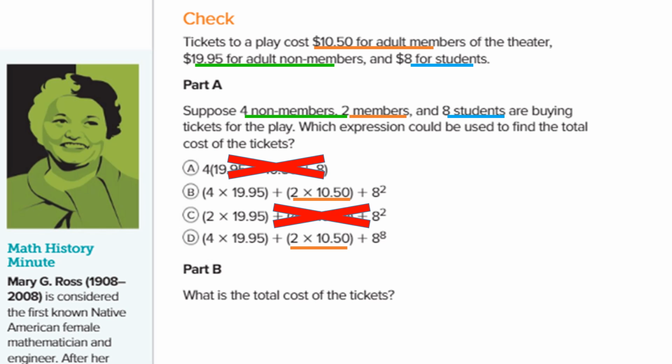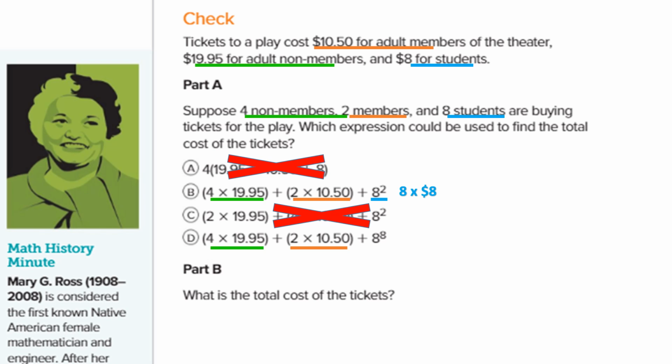All right. How many tickets are for the adult non-members? Well, that's 4 at $19.95, and they both have that. So now we go over to the students. Am I going to do 8 squared, or am I going to do 8 to the 8th power? Well, it doesn't say do 8 to the 8th power, does it?